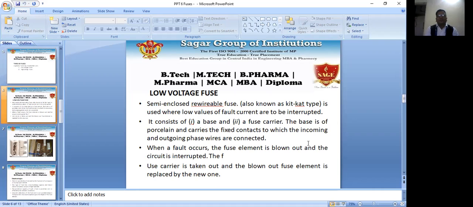The base is of porcelain material and carries the fixed contact to which the incoming and outgoing phase wires are connected. When a fault occurs, the fuse element blows out and the circuit is interrupted. The fuse carrier is taken out and the blown out fuse element is replaced by a new one.